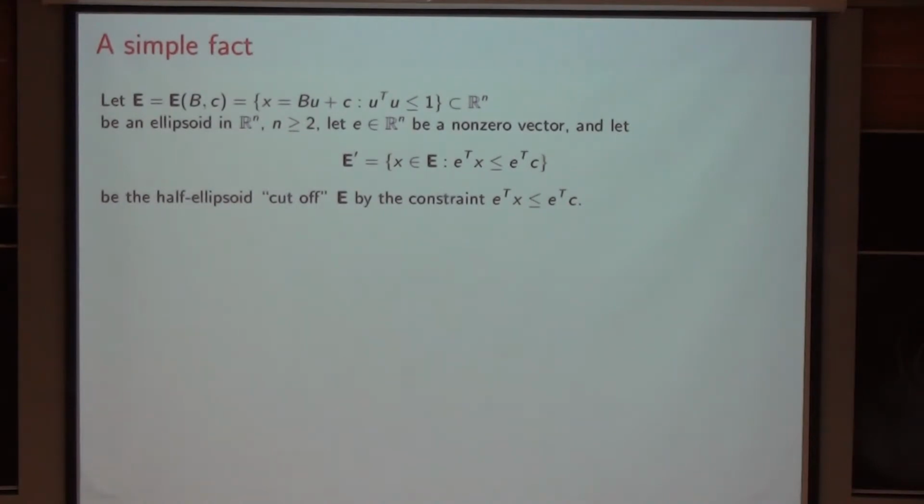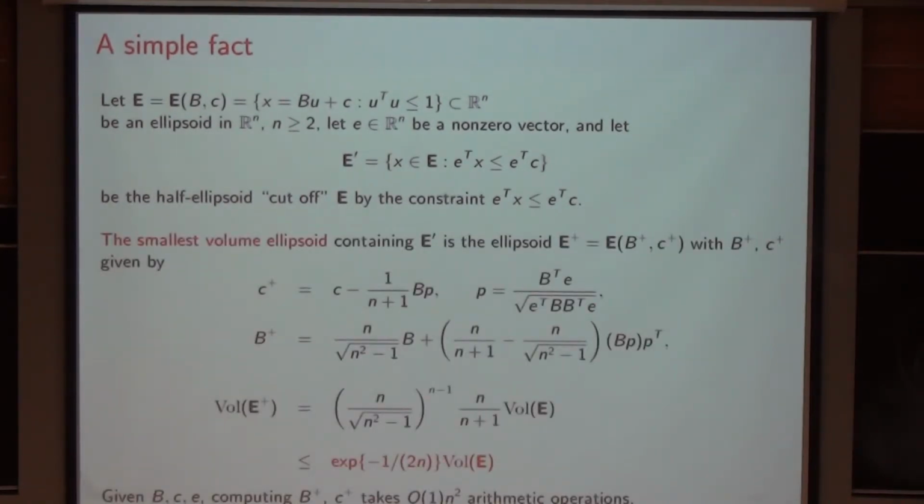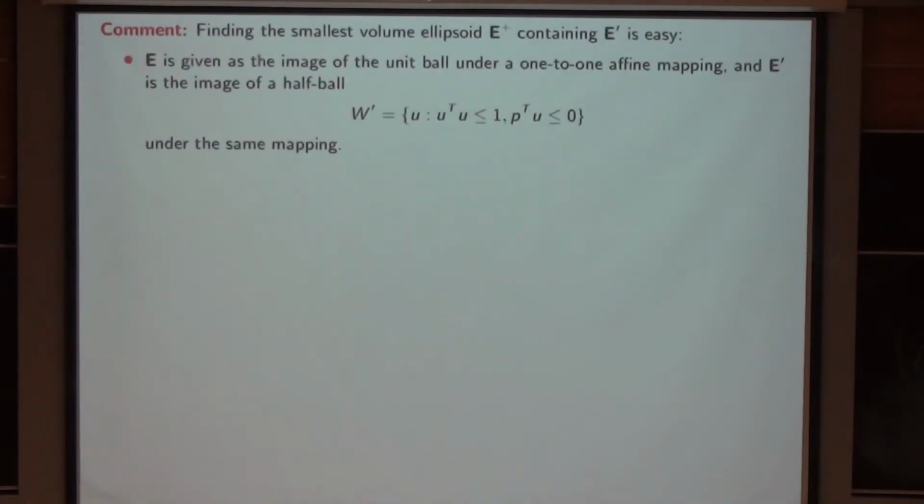The beauty of the fact is that you can easily compute this new localizer. It's not complicated to compute the ellipsoid which contains the half ellipsoid, whatever the half ellipsoid is. The trick is very simple, because the ellipsoid is an affine image of a Euclidean ball.